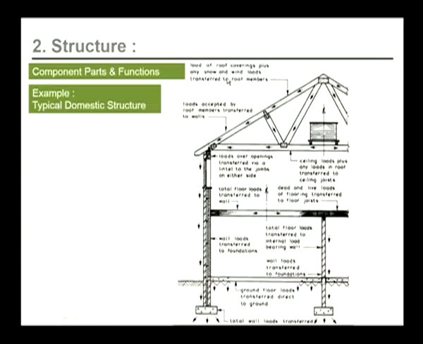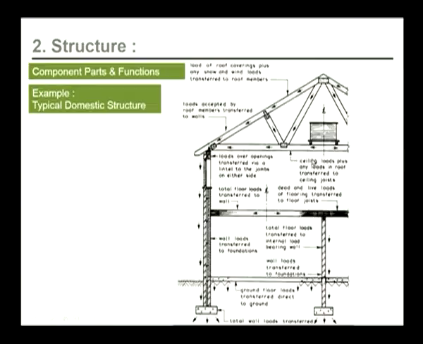Here we see the load of the roof coverings plus any snow and wind loads are transferred to the roof members. These loads are accepted by the roof members, which in turn transfer them to the walls. We see the diagram with arrows that depict the transfer of forces.